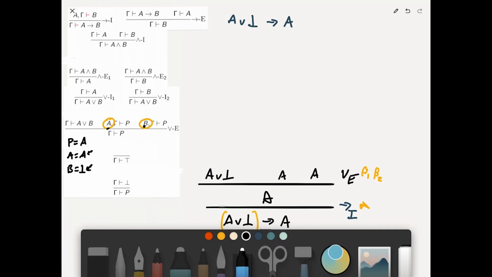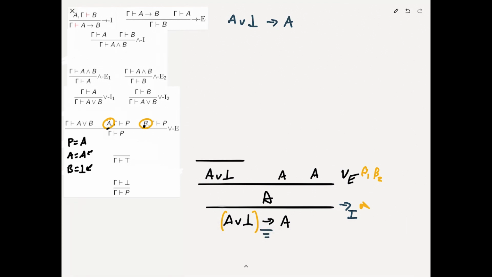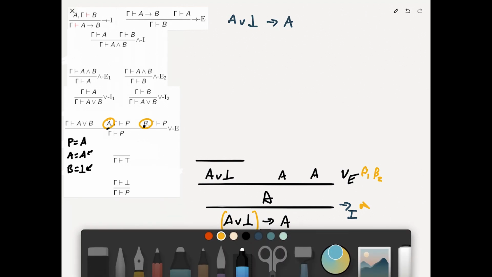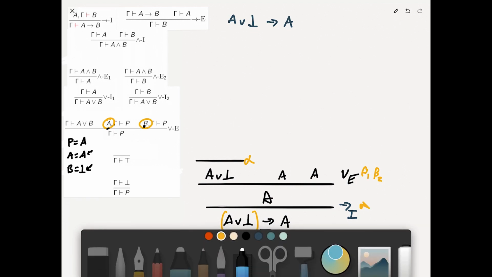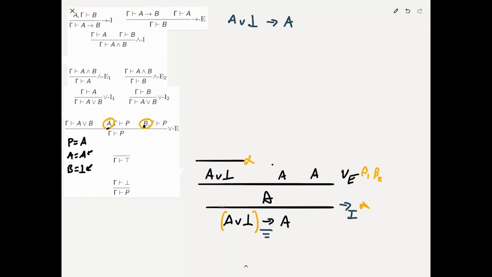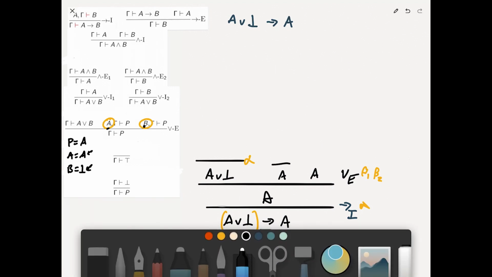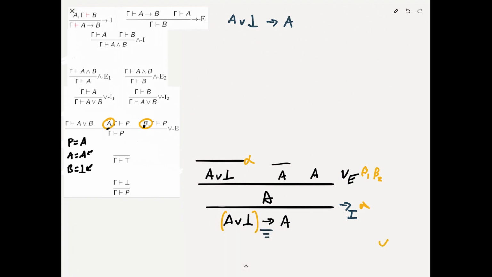So firstly, in order to show A or false, we use the assumption alpha that we introduced here. Okay, and then in order to show A, I use the assumption beta 1. Because beta 1, let's write out what the assumptions are. Alpha is A or false.